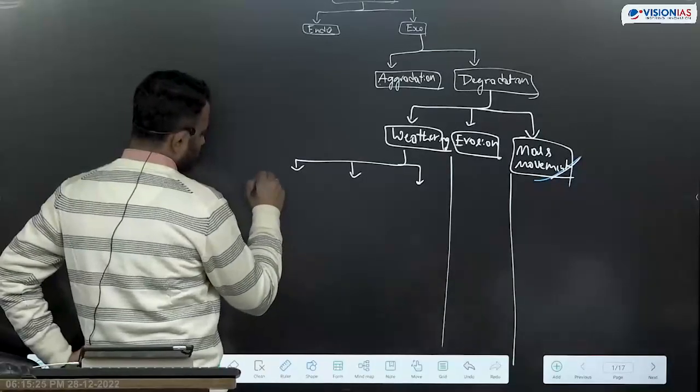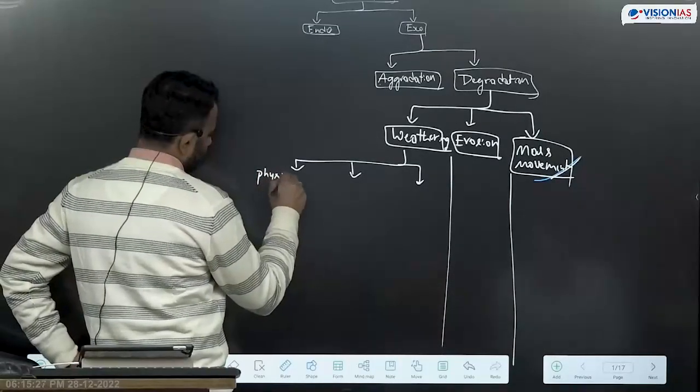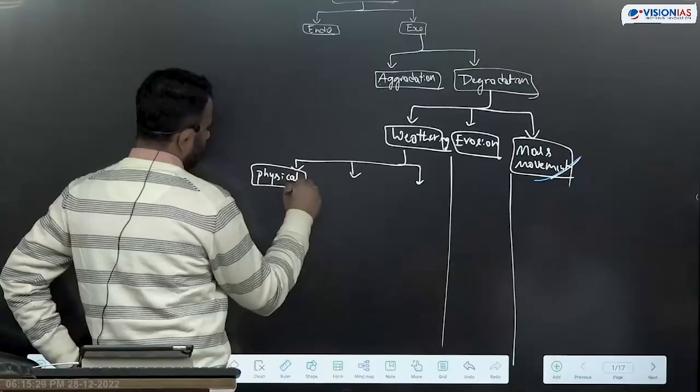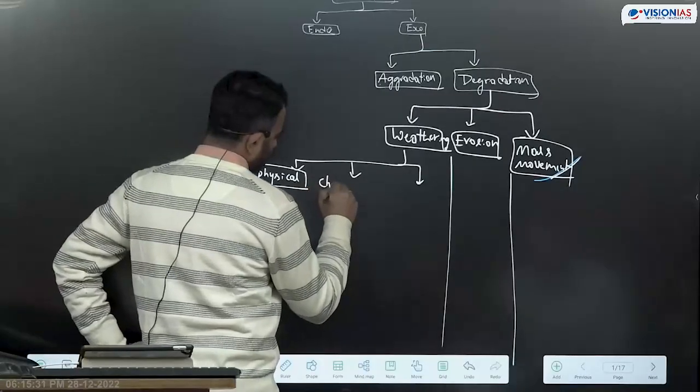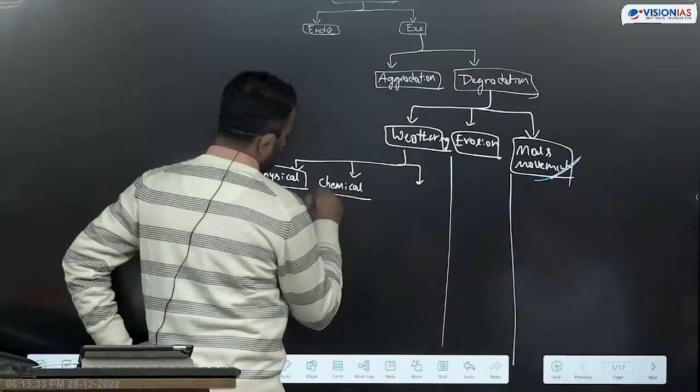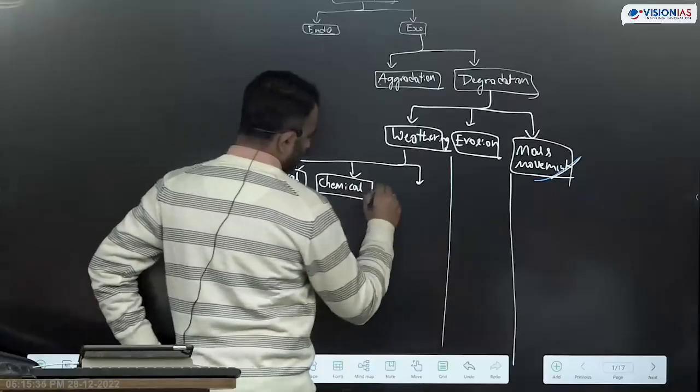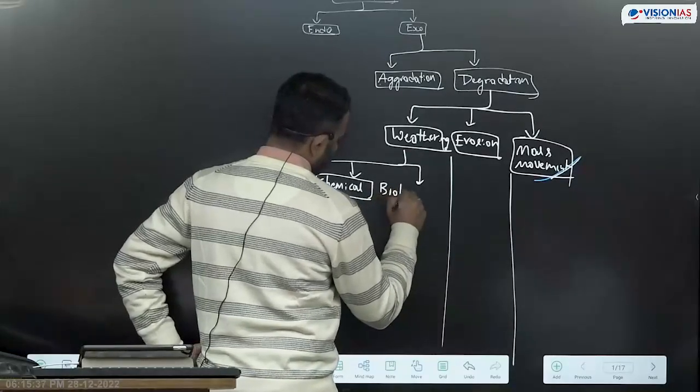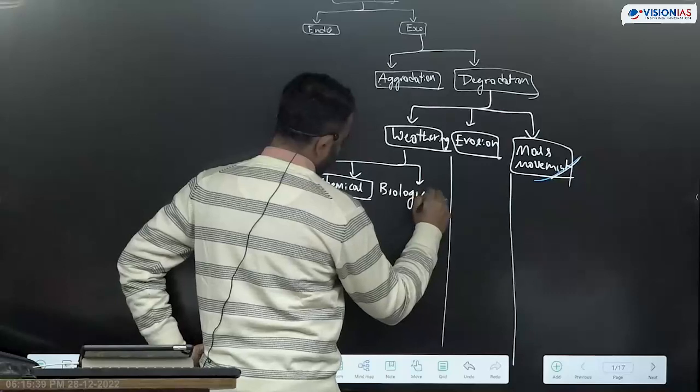First one is physical weathering. Second one is chemical weathering. Third, biological weathering.